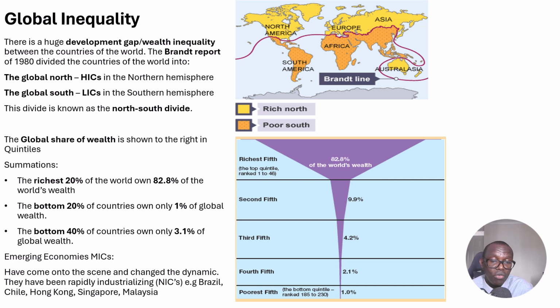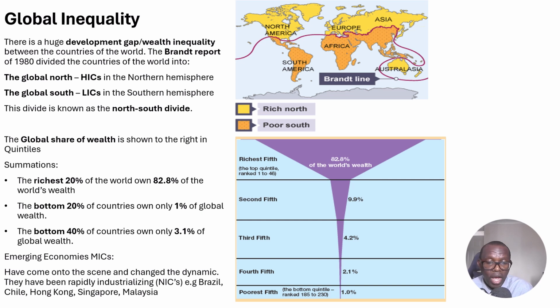Now that's almost half of the countries in the world owning only 3.1%. Now that obviously is a clear indicator that wealth is not equally distributed, or that there are great inequalities in wealth distribution across the world.